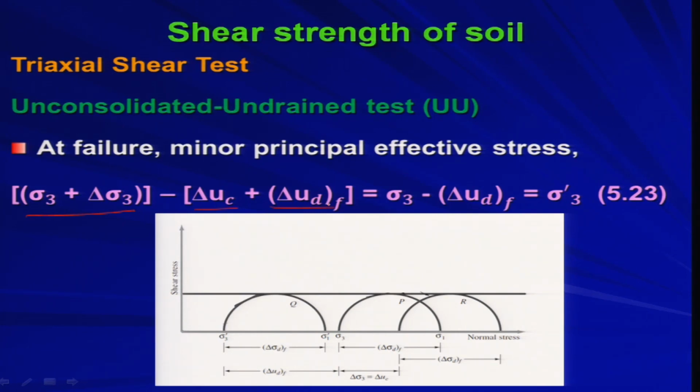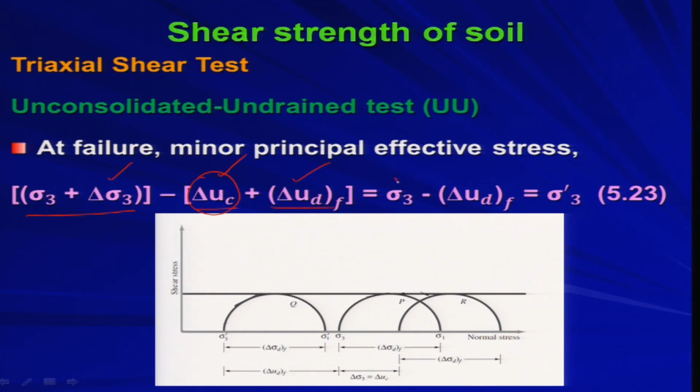So, why minus delta UC? That means this part is developed when you increase the confining pressure from sigma 3 to sigma 3 plus delta sigma 3. You did not allow drainage, so it has been developed. Now, you did not allow drainage during shearing also, so at failure delta UDF has been developed.